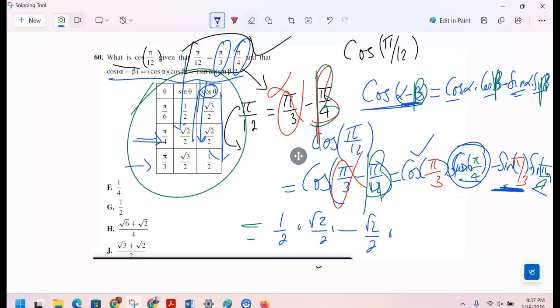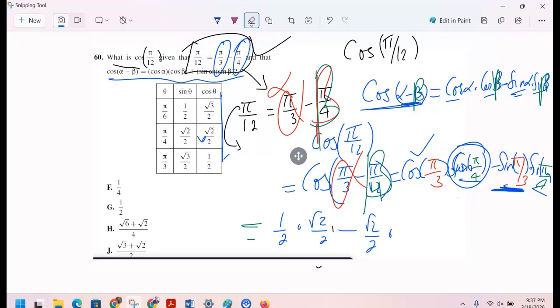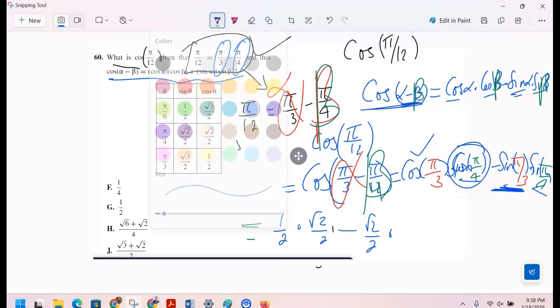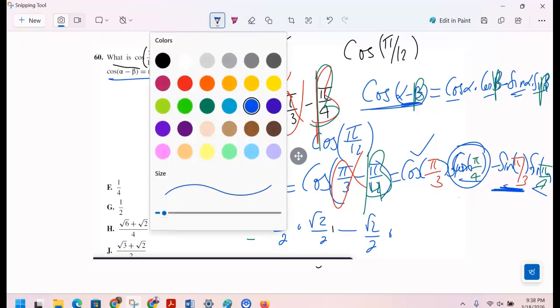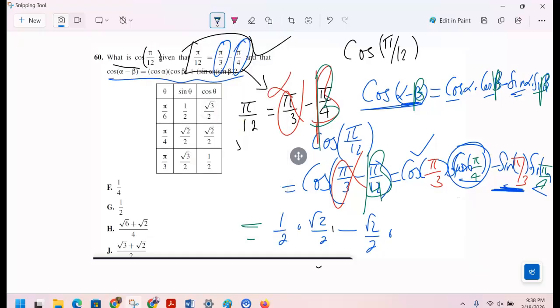Pi by 3 is right here, and they give you root 3 by 2. And then sine pi by 4, this is pi by 4, and then this one.